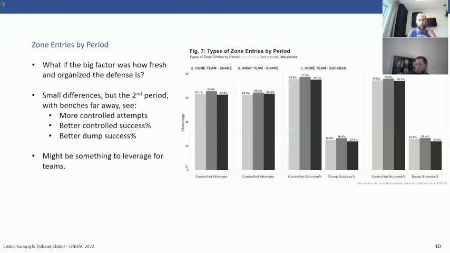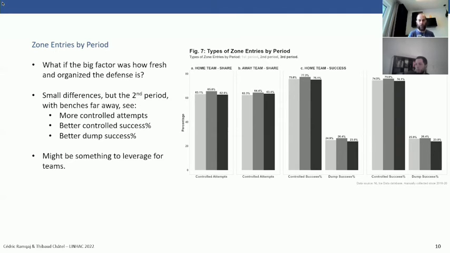But the actual, maybe very interesting finding that we came upon here was the impact of the period you're playing in. And the question is actually, what if the big factor for zone entries was how fresh and organized the defense is?